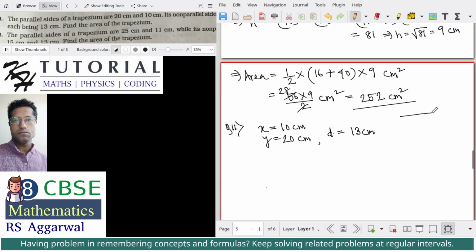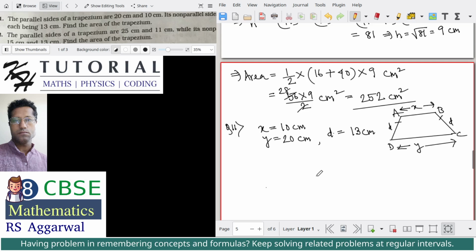So if the isosceles trapezium is like this, as per my theoretical discussion, let's say A, B, C, D, AD and BC are the non-parallel equal sides. I denote their length with small d, and AB is X and DC is Y. Okay. So we have X equals 10, Y equals 20 and D is equal to 13 centimeter. This is given. We have to find the area of the trapezium.